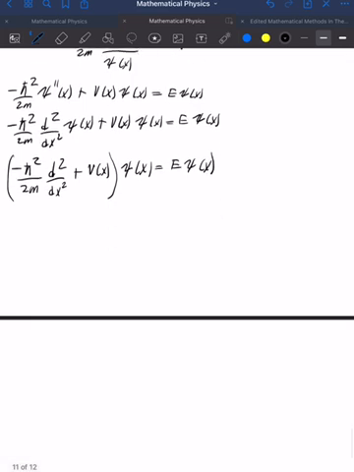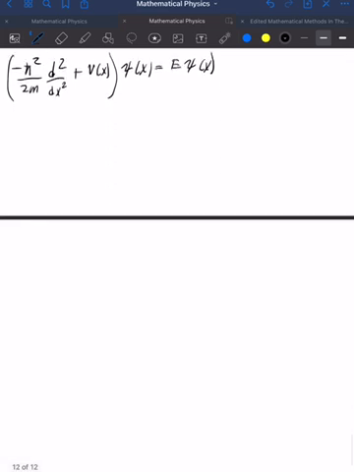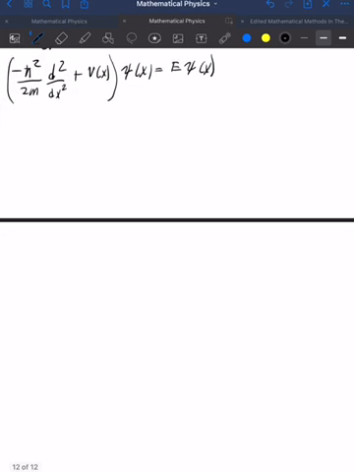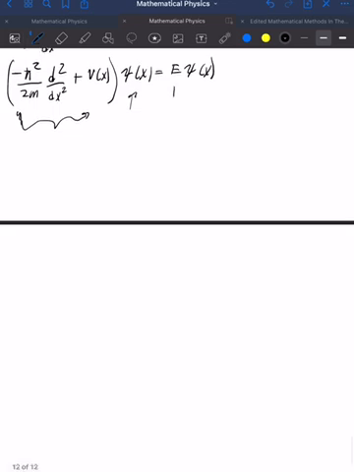Now, pause the video if you'd like and think about what this looks like. You have this here multiplied by psi of x, and that's equal to some constant times psi of x. This is an eigenvalue equation. Psi of x is an eigenfunction, and E is an eigenvalue.